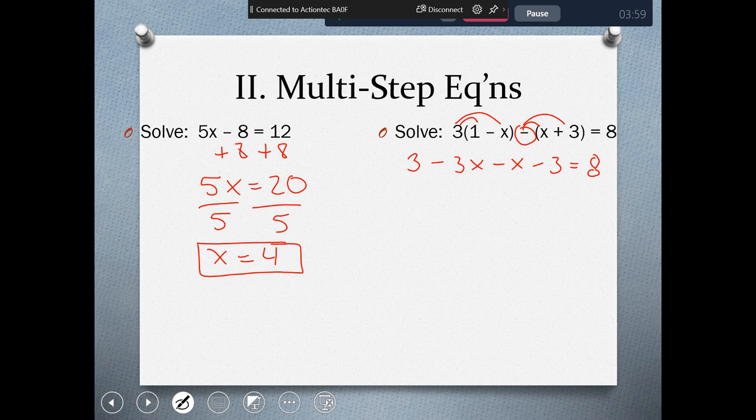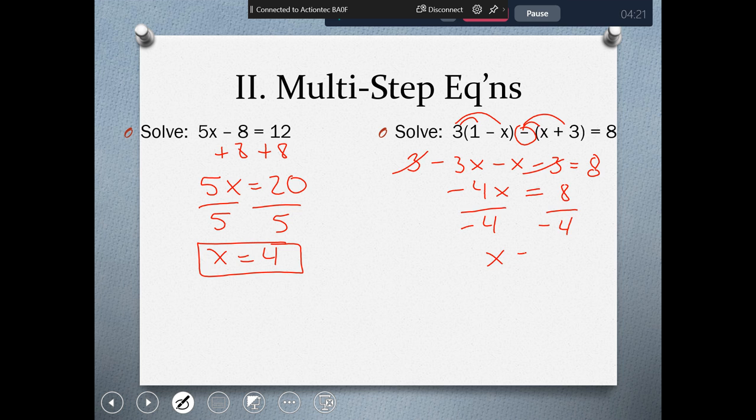Then we are going to combine like terms. So I have negative 3x minus x, which will be negative 4x. 3 minus 3, which is 0. Those cancel out. So then I'm going to just divide to get the variable by itself. So I'm going to divide by negative 4.